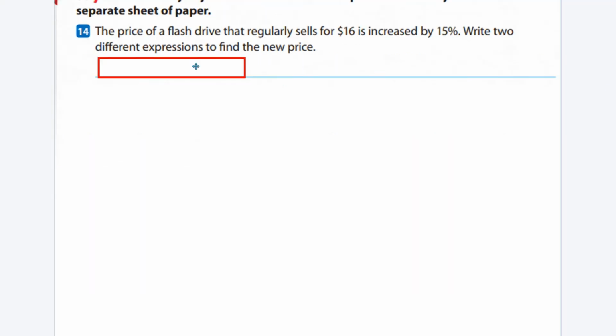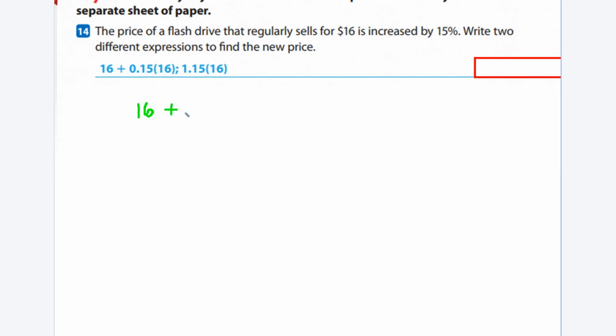Let's look at question 14, and let's see what they got. Hopefully you got the same thing. You have the $16, and then you're going to add, because it's increased by 15%. So you're going to add the 15% times the 16. Everybody see that?